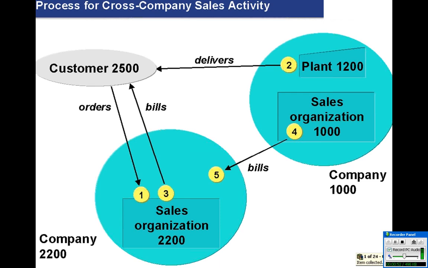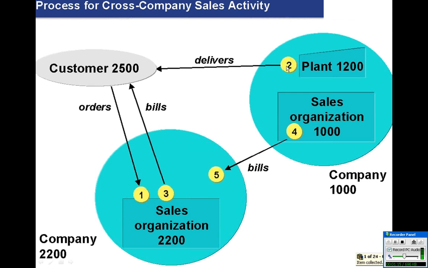If you look at this slide, customer 2500 will place the order on sales organization 2200, which is assigned to company code 2200. That is the first step. Now once the order is placed, the delivery is happening from plant 1200 to customer 2500.